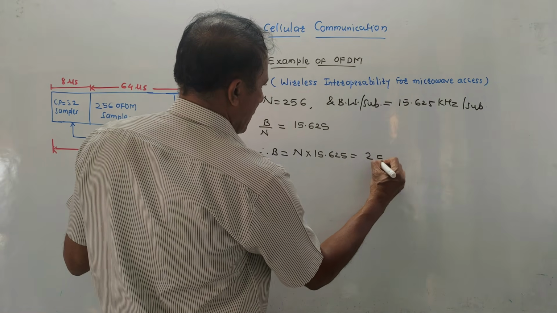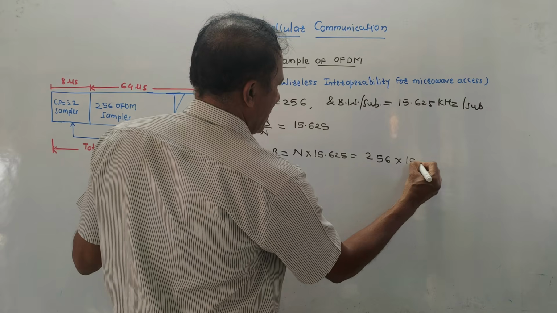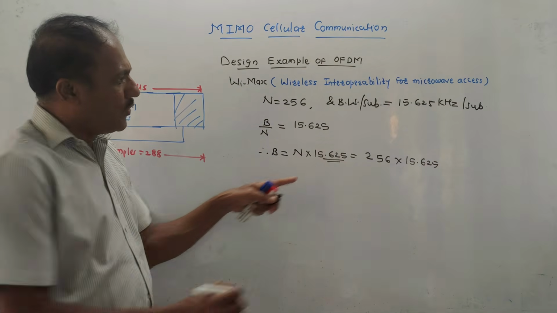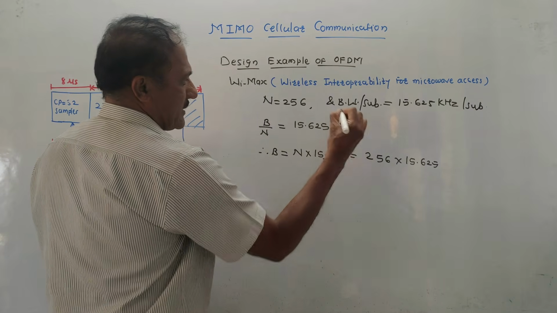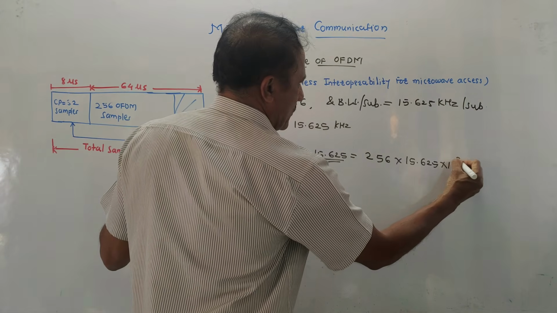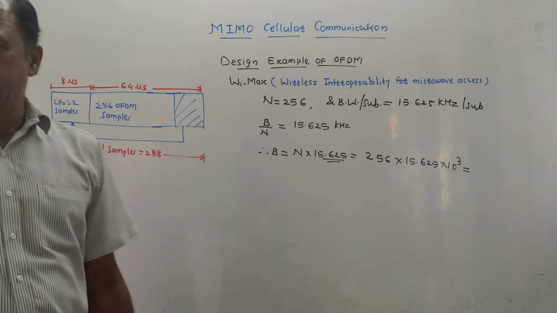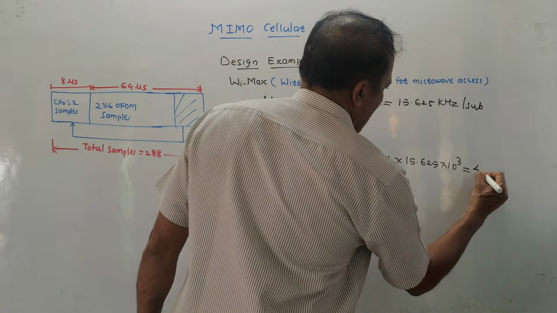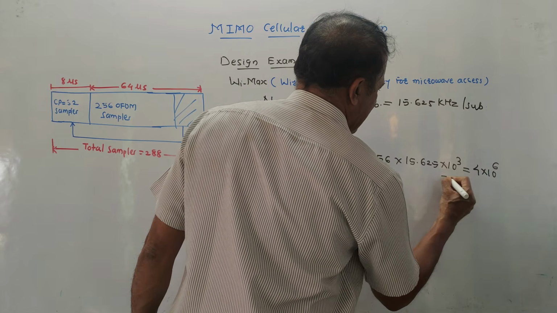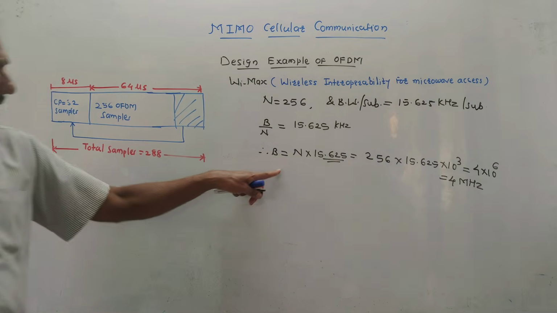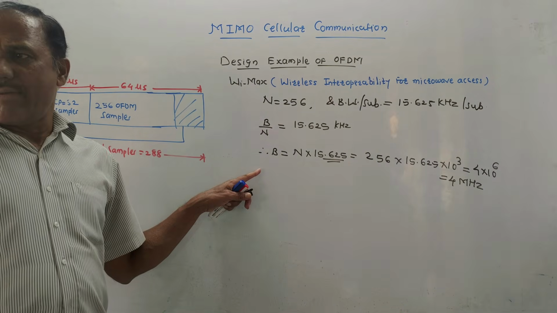So it is 256 into 15.625. Do remember, this value is in kilohertz, so into 10 raised to 3. If you solve this, you will get the value of B equal to 4 into 10 raised to 6. That means it is 4 megahertz. So this is the bandwidth which is used for the WiMAX system.